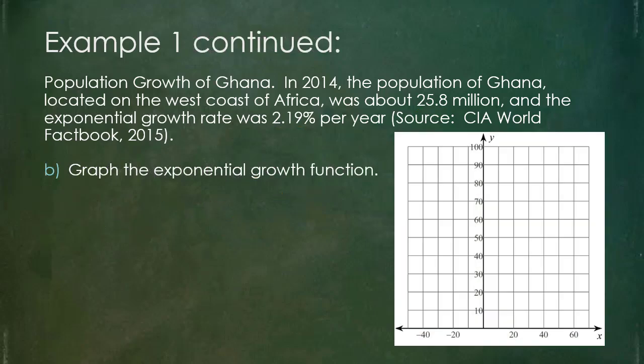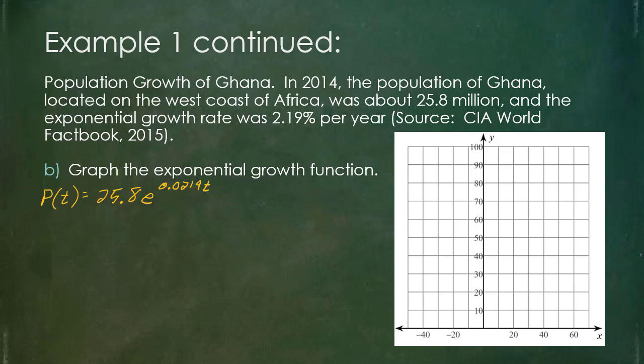Now, part B of this problem will want us to actually create a graph for this, at least on a grid that's been provided. So again, just to remind us, the function was P of t equaling 25.8 e to the 0.0219 t.